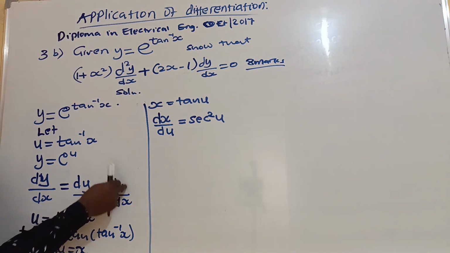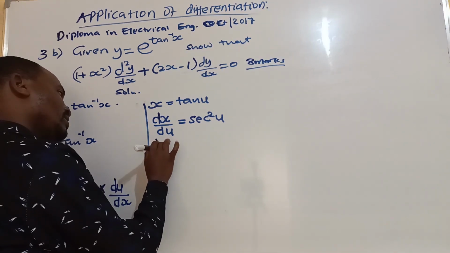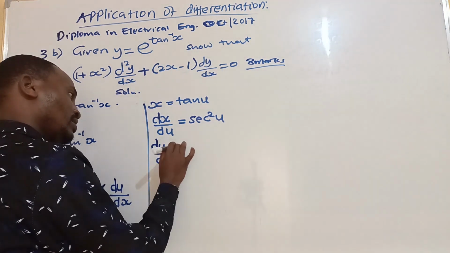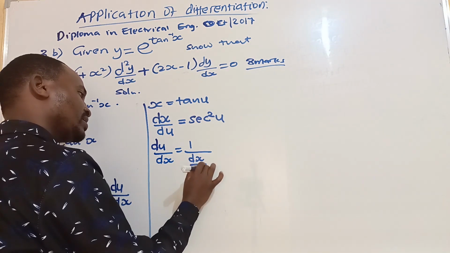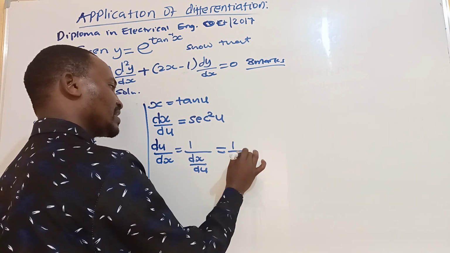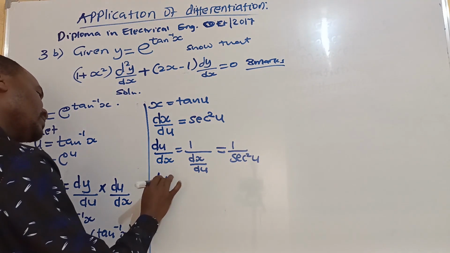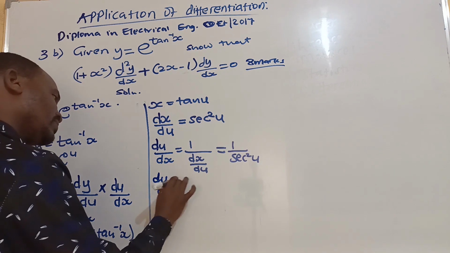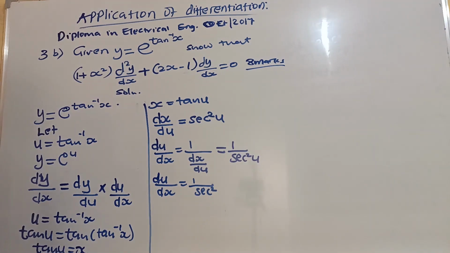But we wanted to get du/dx, not dx/du. So du/dx is equal to 1 over dx/du, taking the reciprocal, which is 1 over sec squared u.